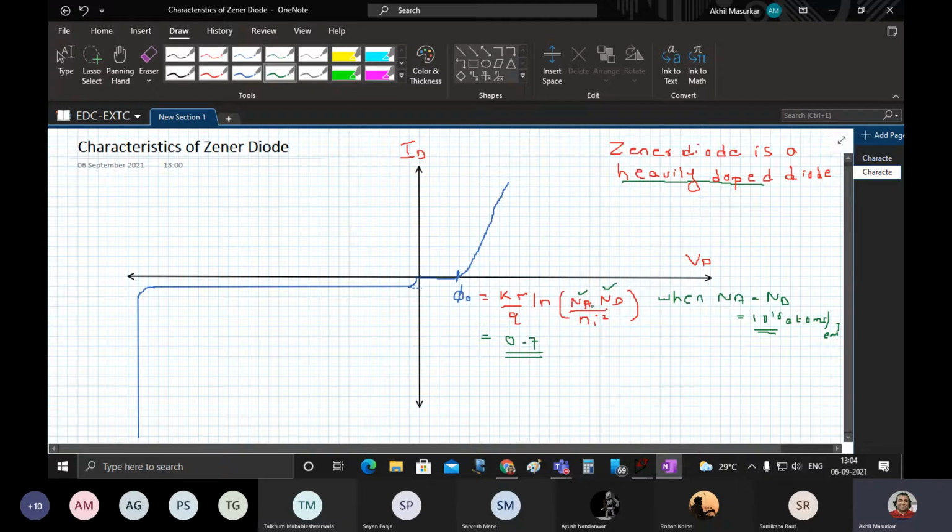So can somebody quickly calculate what will be the phi naught for Zener? kT by q ln Na Nd by ni squared, we can take Na and Nd both the same as 10 raised to 18, and ni as 1.45 into 10 raised to 10, the whole squared.